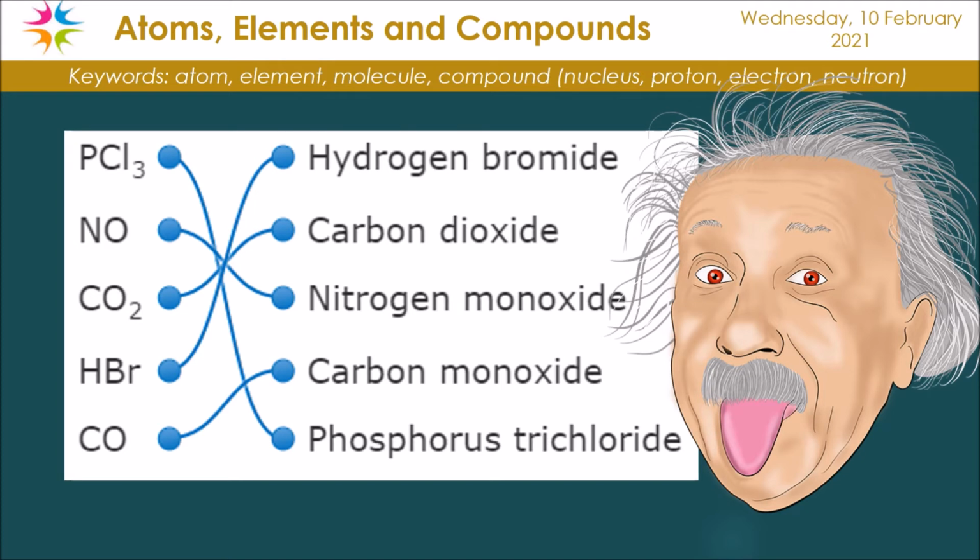So start to get used to the names. For example, the top one is phosphorus trichloride. The tri stands for 3. And the next one down is nitrogen monoxide, and the mon means that there's 1 oxygen. And have a look at the others. Get used to mon, di, and tri.